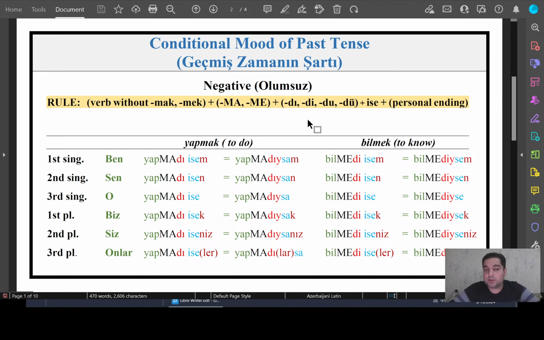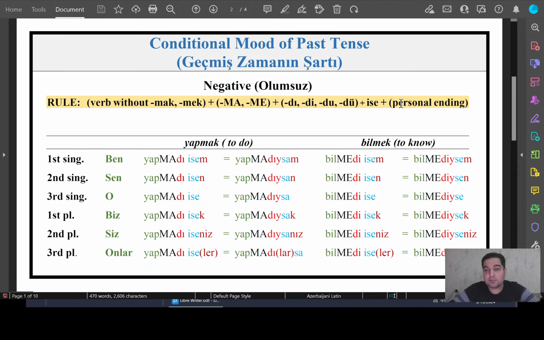And by the way, because there is no consonant ending in the hard consonants, like t, f, h, ş, it will always be di, du. You can't have ti, tu. So gitmediysem, görmediysem, yapmadıysam, and so on. It's all d, okay, which is different from the affirmative where you may have t.